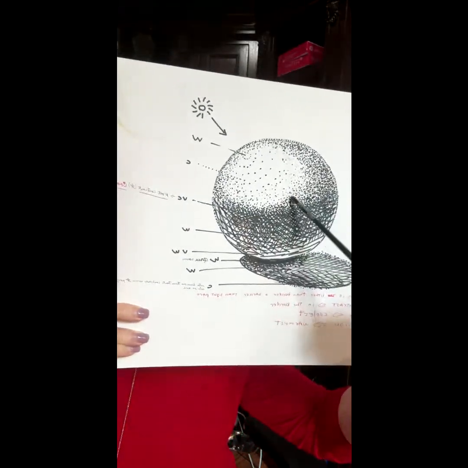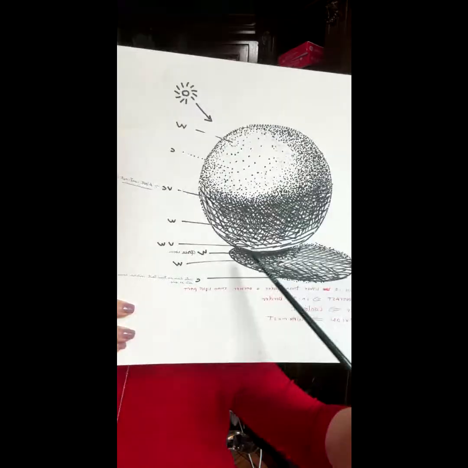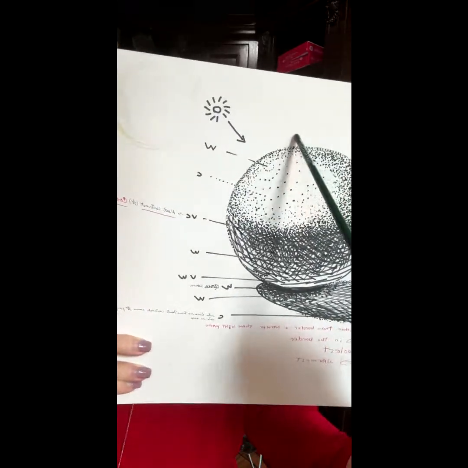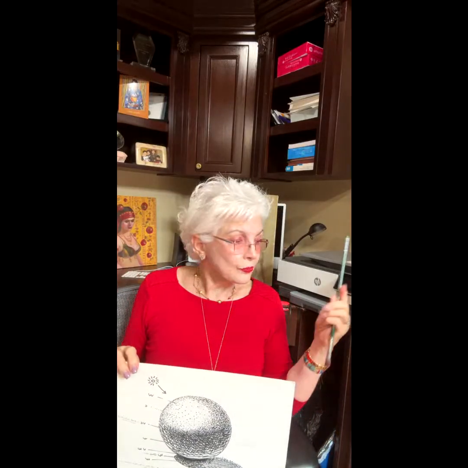Why is cool over here and over here and over here? Those are edges, and all the edges are cool because cool tends to go back in color.